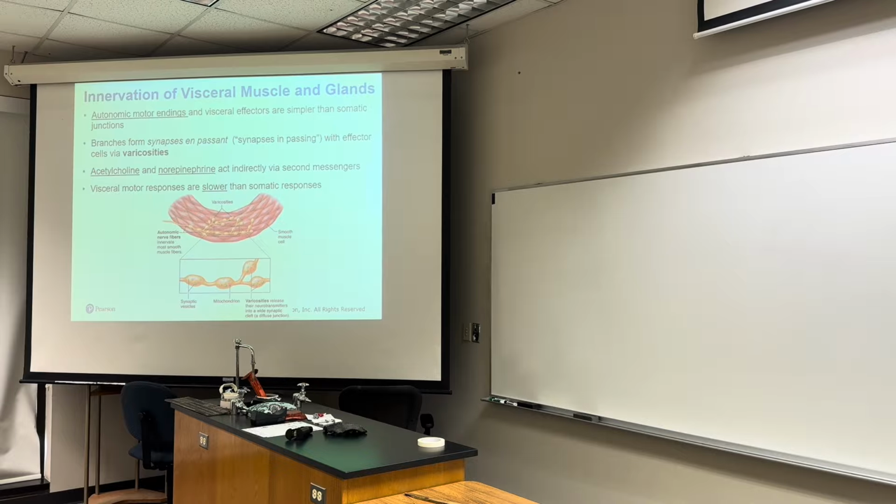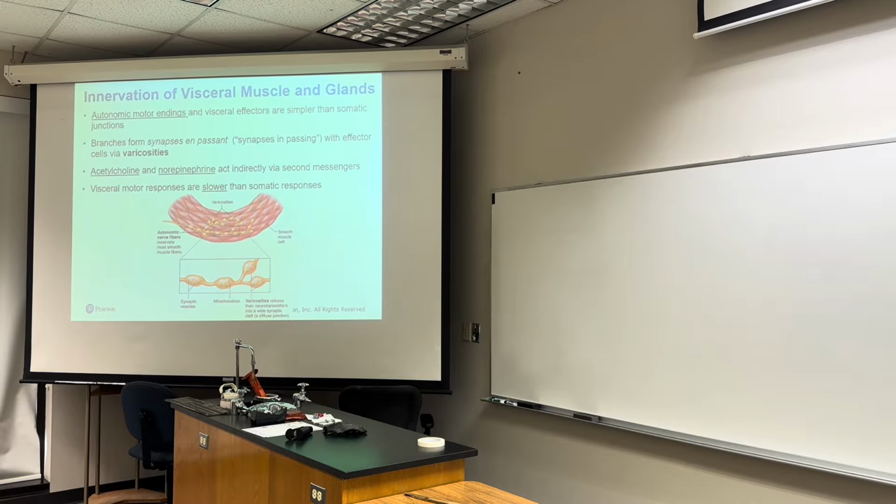Autonomic motor system. Okay, so one thing you need to understand about the autonomic motor system is that for the skeletal muscle the only neurotransmitter available is what? Acetylcholine. But for your autonomic nervous system you actually have two different types of neurotransmitter available. One is acetylcholine and another one is what? Norepinephrine.